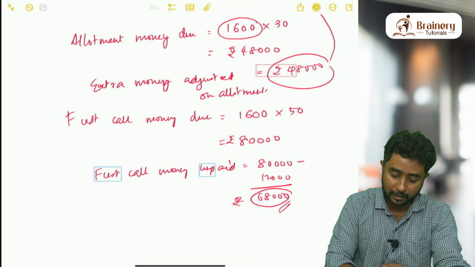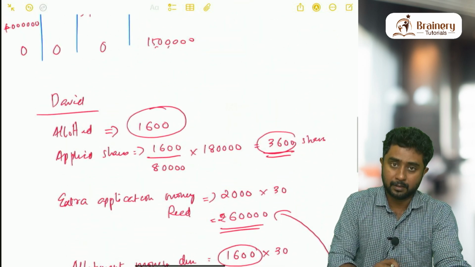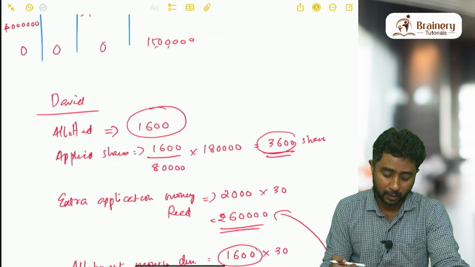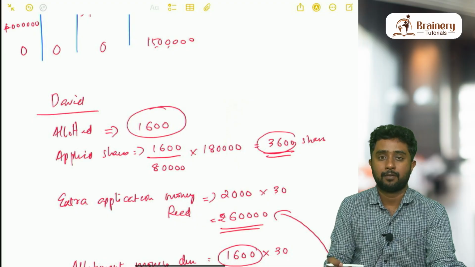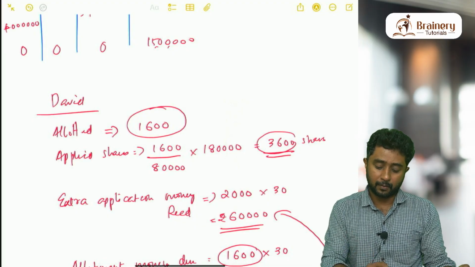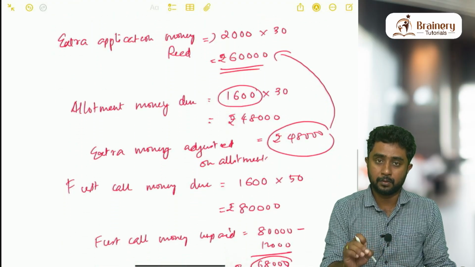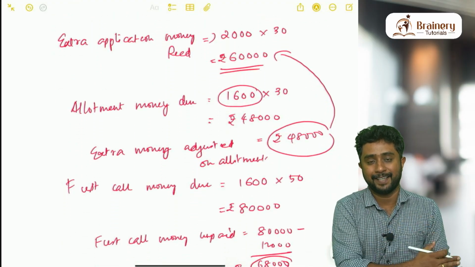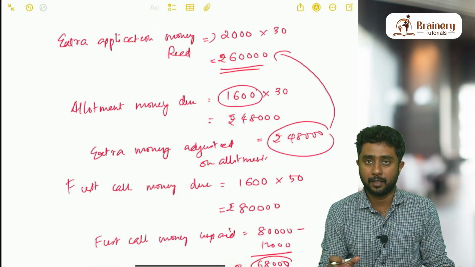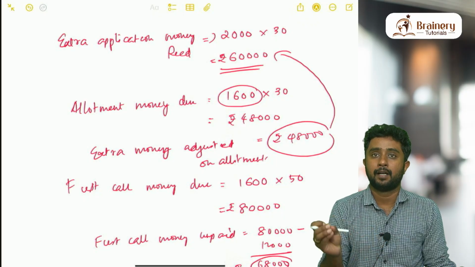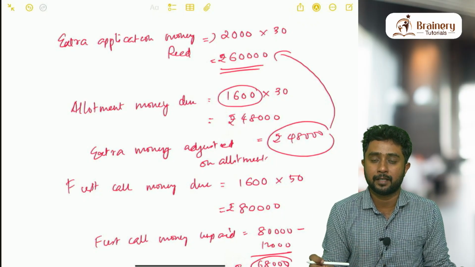So this is the calculation related to David. What did we do first? First we found how many applied shares there were from David. Then we found the extra application money that David has paid to us. Then the allotment money due, and how much of the extra money can be used for allotment. The entire allotment money can be covered using the extra money he paid.